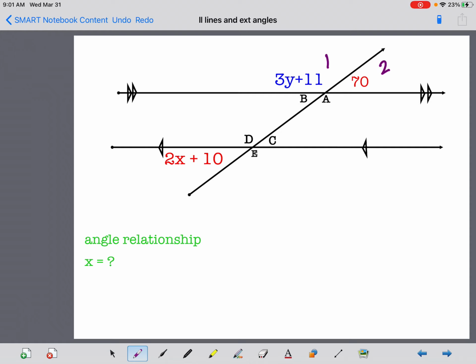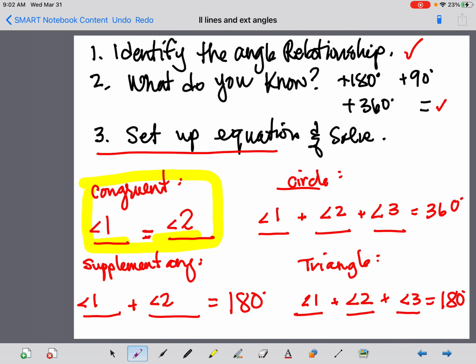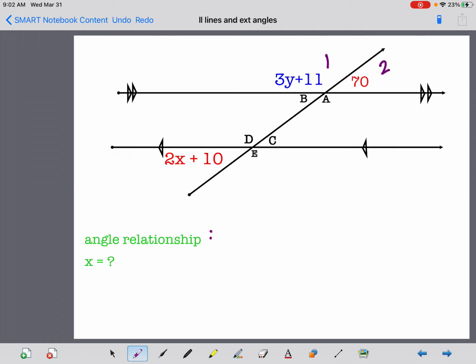First thing that I should do is identify the angle relationship. Maybe pause the video and see if you can not just identify the angle relationship, but maybe set up an equation. Use this page over here, use our notes that we took over here, to help us set up the kind of equation that we want in order to solve for y.